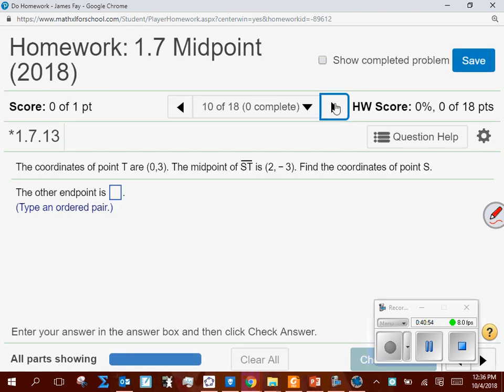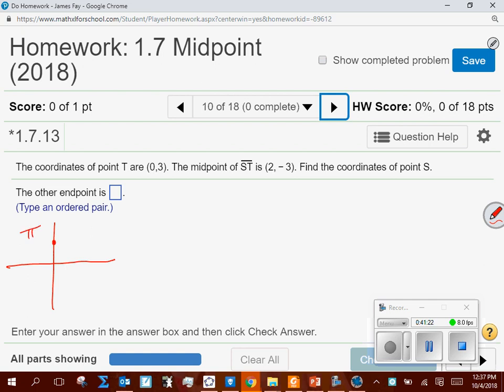Alright, so let's talk about this one. This is, I think, the type of question that people struggle with the most. It asks us to find, if I give you one endpoint and I give you the midpoint, can you find the other endpoint? Okay, so we're going to look at point T here. Just draw a quick picture if you need to. It says point T is at 0, 3.